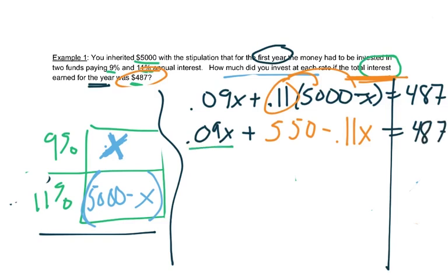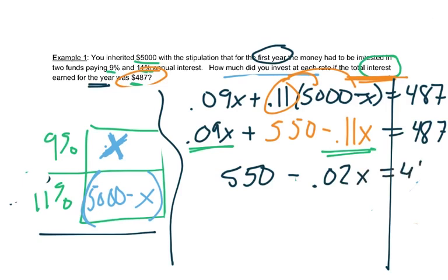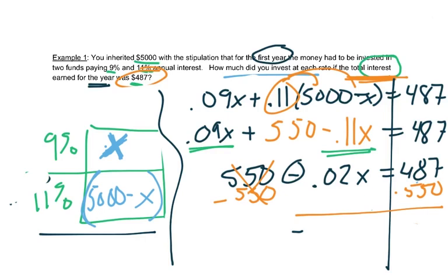Then I would combine like terms. I've got this and this that both have x's. So I would copy that 550 first. 0.09 minus 0.11 would be negative 0.02x. And then I would subtract 550 from each side. It cancels out over here. So I have negative, don't forget that negative in front of the number, don't lose it.